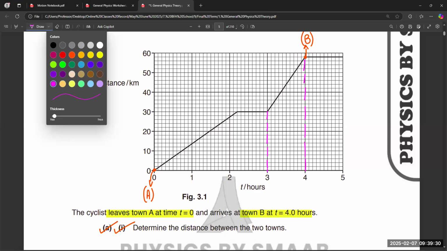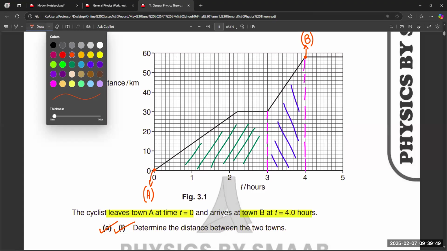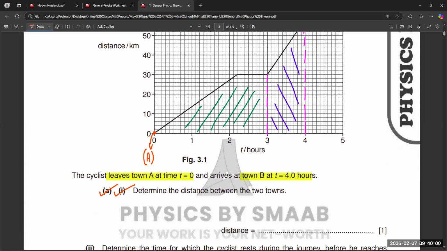This is the first one, and this is the second one. So there are two trapezium shapes in this graphical representation. With the help of trapezium, we need to solve only two shapes. But if we use triangle and rectangle formulas, we need to divide into four different shapes.